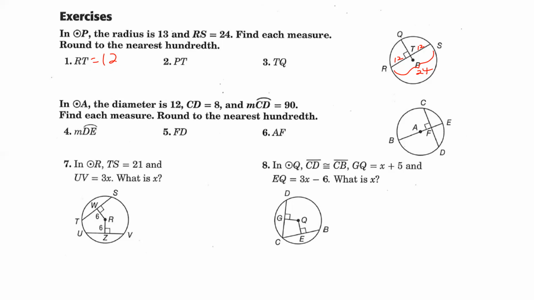Because in a circle, all radii are equal or congruent, right? So if I know what the radius is, which is 13, yes, QR is 13, but there's other pieces I could draw in that would help me out. What piece could I draw that would help me solve this? Name a radius that I could draw right now.